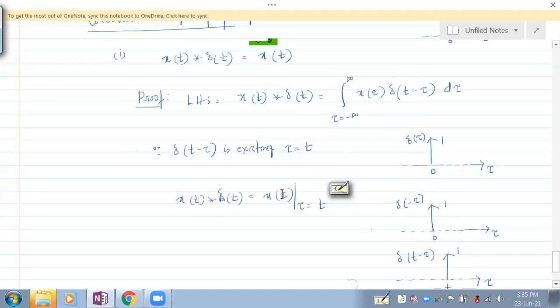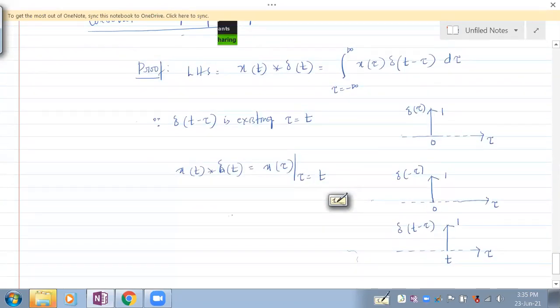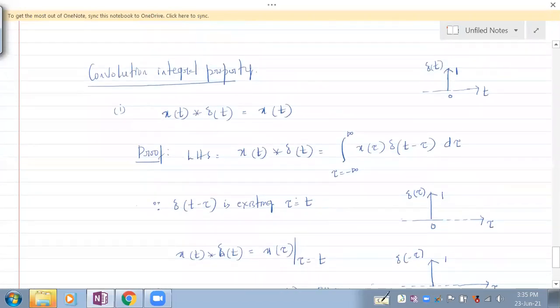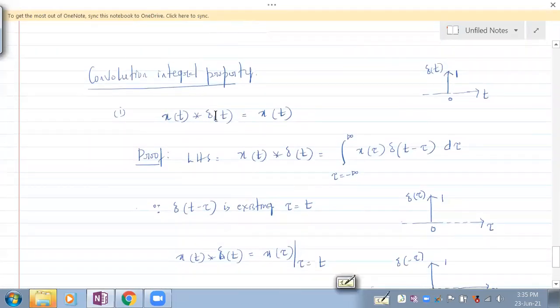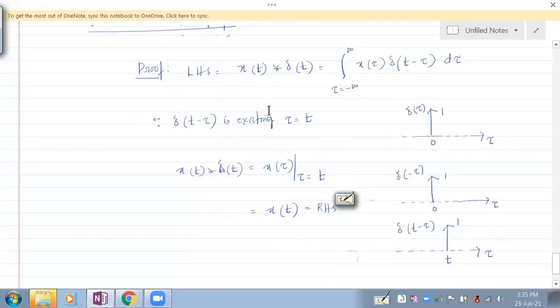So this also should be evaluated at tau equal to t. So in that sense, this is x of t, which is equal to your RHS. So if you convolve x of t with delta of t, you will get back the same. So this is the proof to that. This is how we prove that.